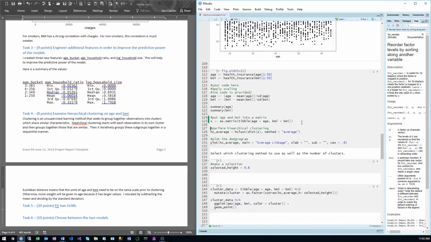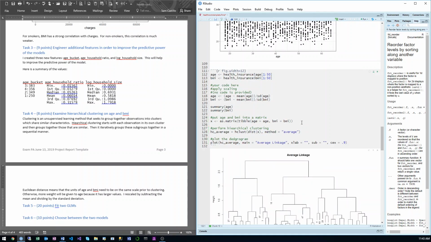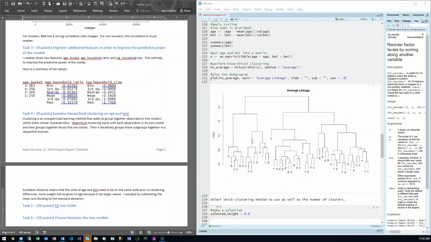All right. And then I can run this clustering. So this is called a dendrogram, which is just a fancy word for a way of showing the different clusters. So on the height here, you see a way of showing the complexity, right?